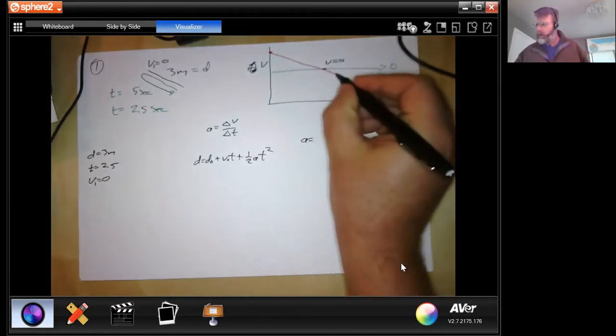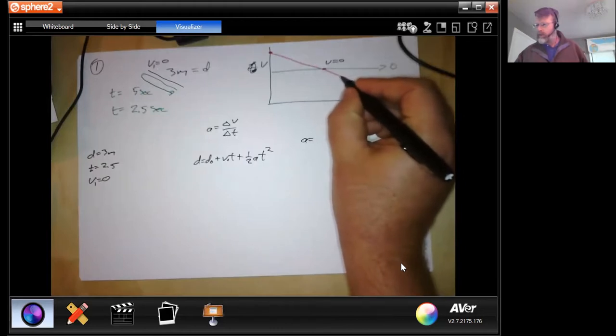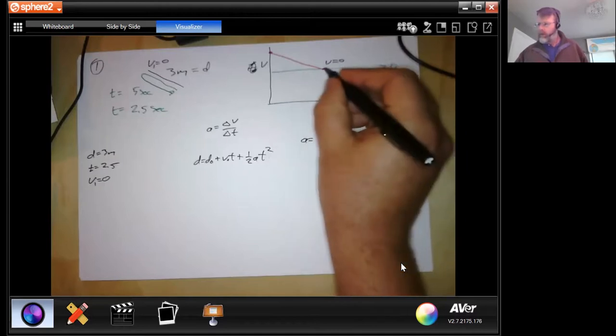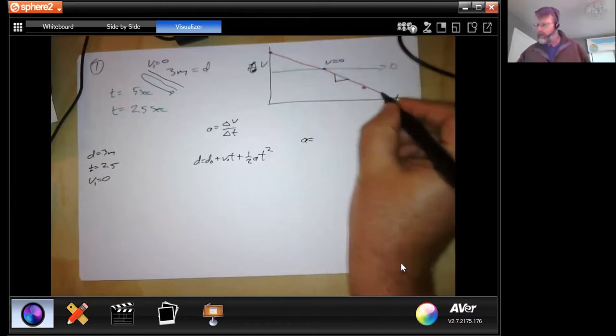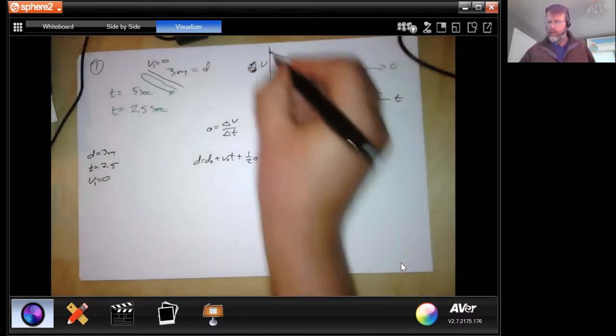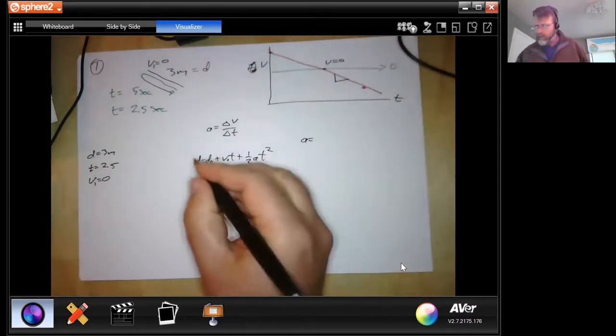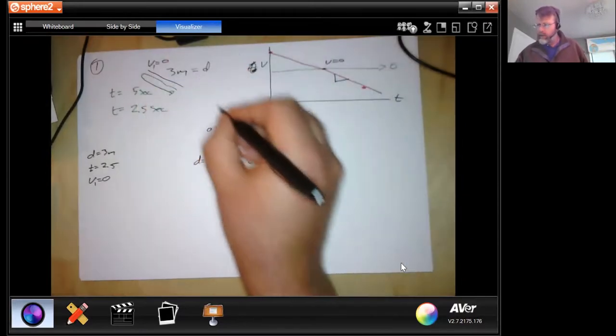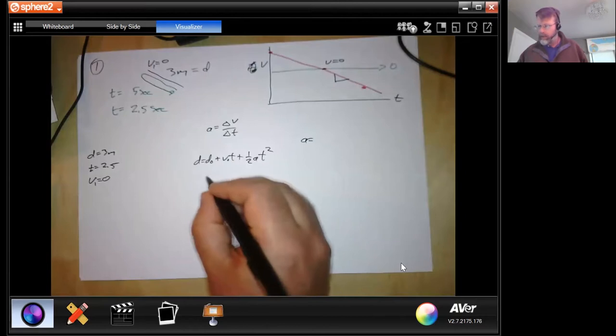So remember, acceleration is just the slope of this line, okay? It is just rise over run, okay? So if we know this velocity, we can find this acceleration, which is going to be the same for this acceleration, okay? So if this is the velocity here, it goes down 3 meters in 2.5 seconds.